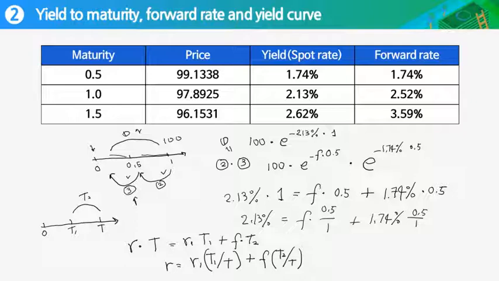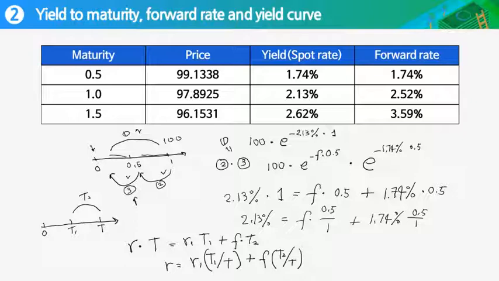If we use terminology of geometry, then this long rate R is basically internal division of a segment, with the distance between the two periods or two points.